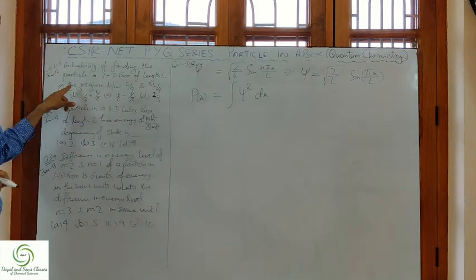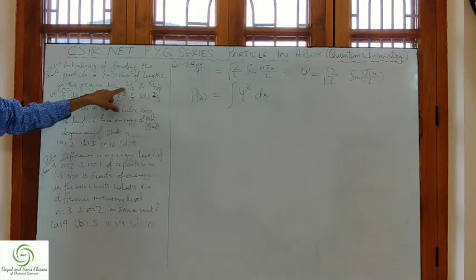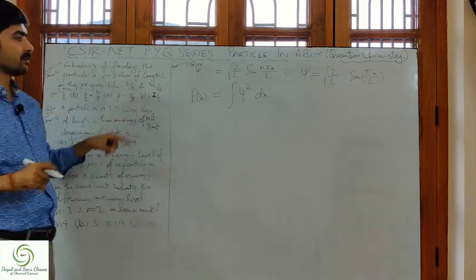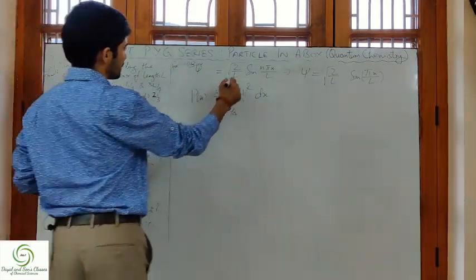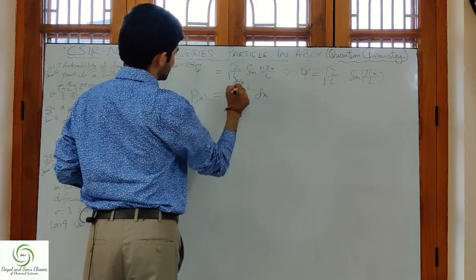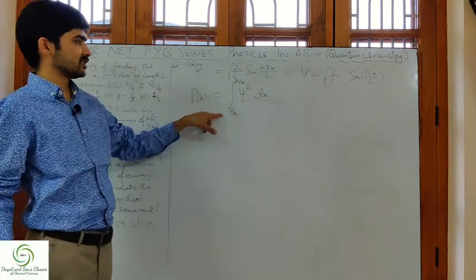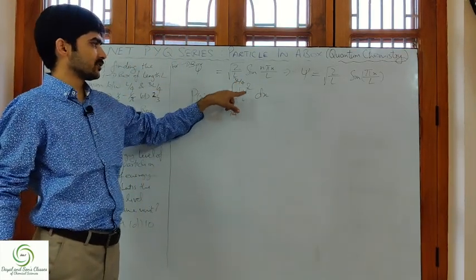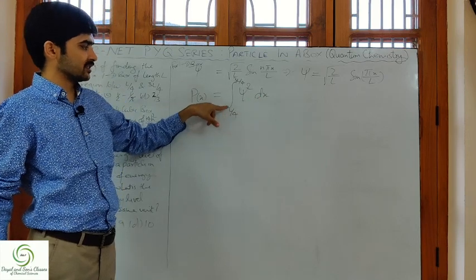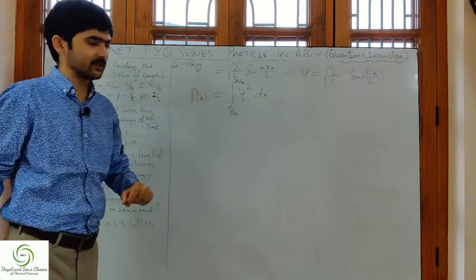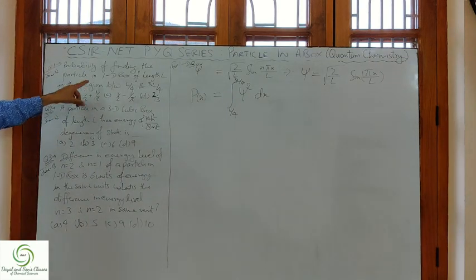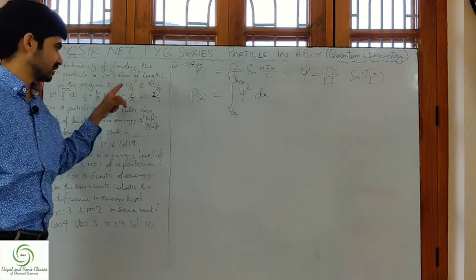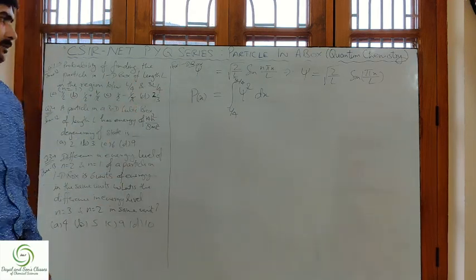Since we are required to find the probability in the region L by 4 to 3L by 4, our lower limit will be L by 4 and upper limit will be 3L by 4. That is, the integral of psi square dx within the limits of L by 4 to 3L by 4 will give the probability of the particle being present in this region for the 1D box.